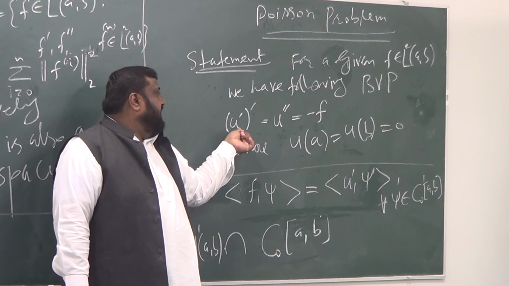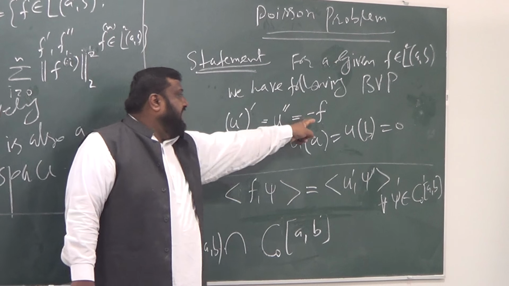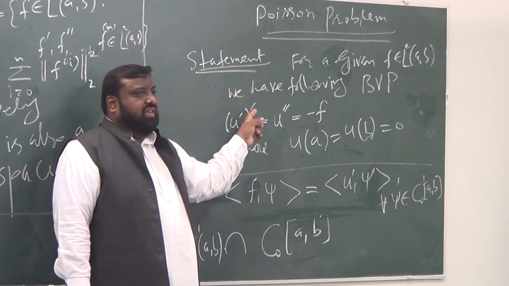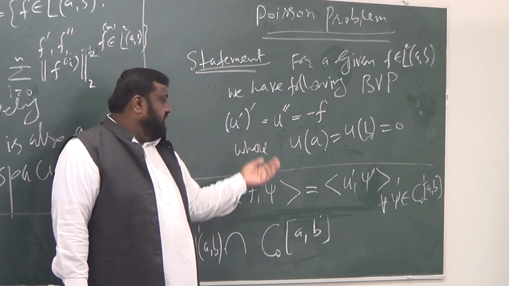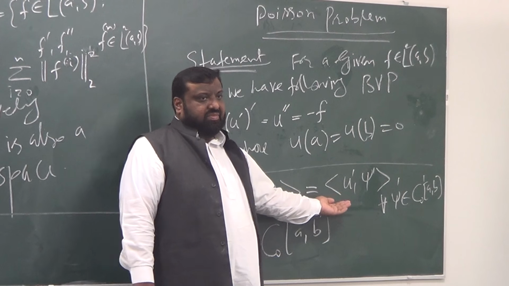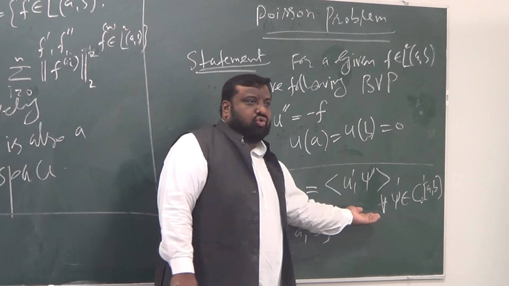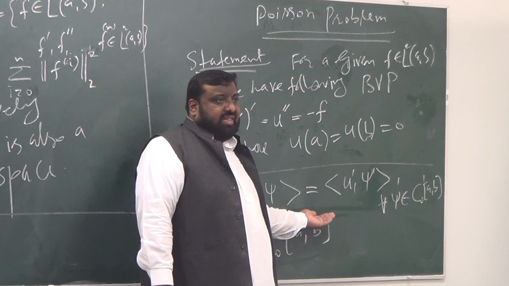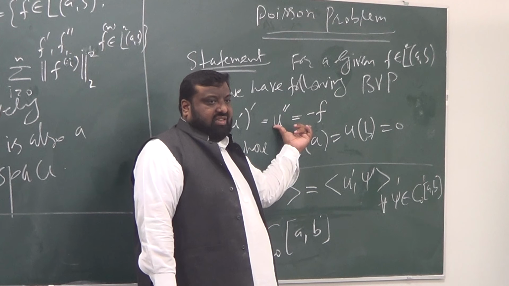What is the meaning of minus f being the weak derivative of the weak derivative? It means that it satisfies this. If this is true, then this equation is satisfied in the weak sense.